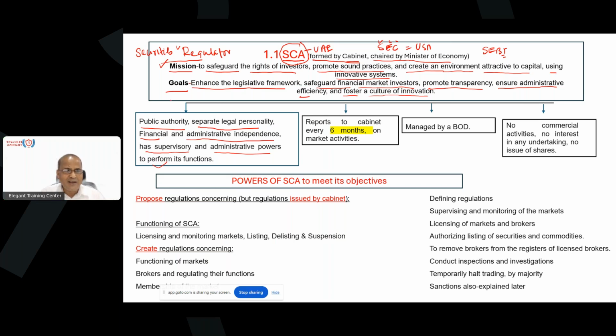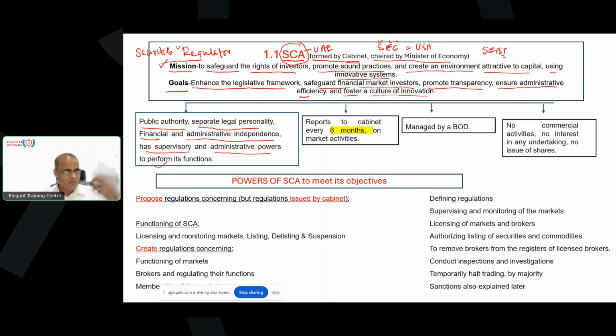It is set up by the government in the interest of the public, to safeguard the financial market and the investment climate. It is formed by the cabinet of ministers.